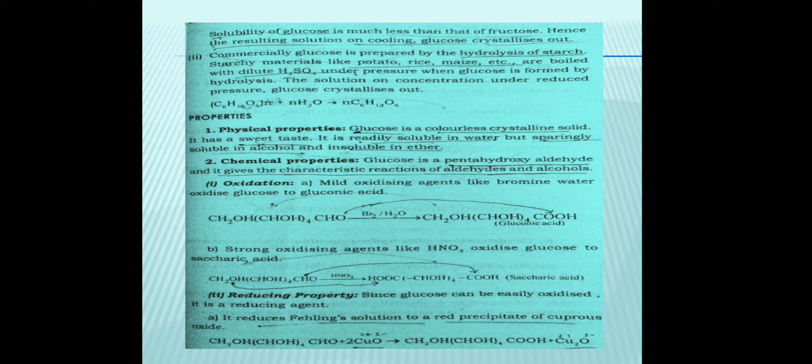Reducing property. Since glucose can be easily oxidized, it is a good reducing agent. It reduces Fehling solution to a red precipitate of cuprous oxide. Glucose reduces Tollens reagent to a shining mirror of silver.